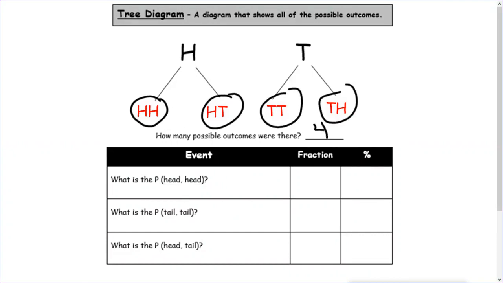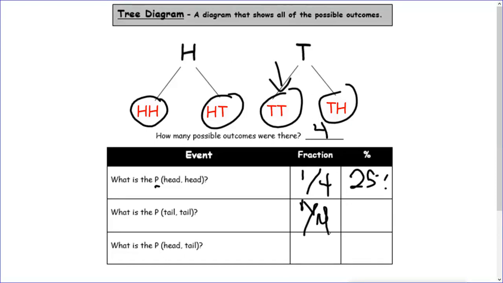So this stands for probability. What was the probability of a head-head? If the desired outcome was to get a head-head, there was only one. There was only one head-head out of 4. That person only had a 25% chance of winning each time we tossed the 2 coins. For the tail, same thing. If you wanted a tail, there was only one.